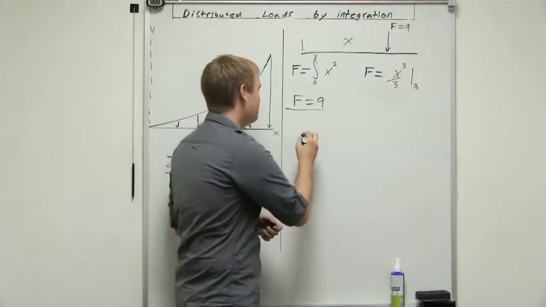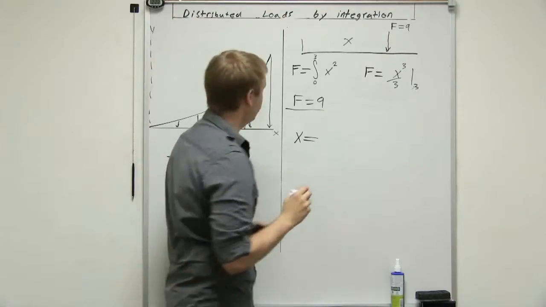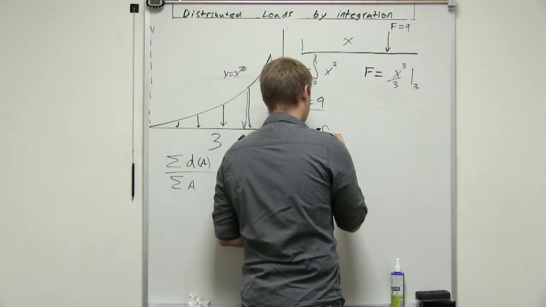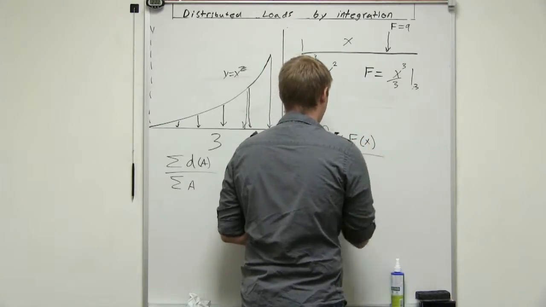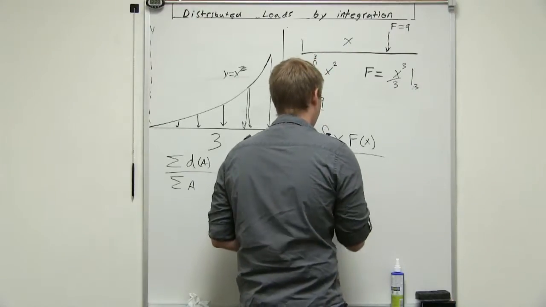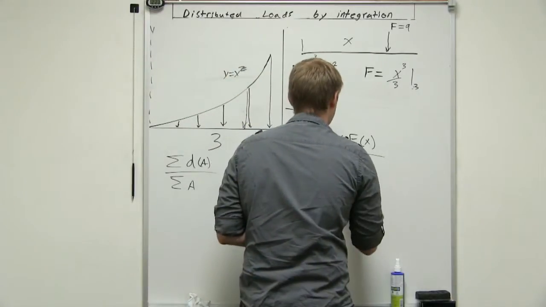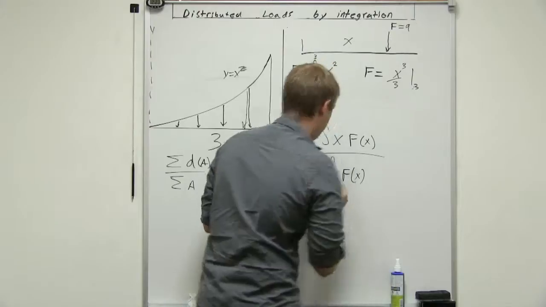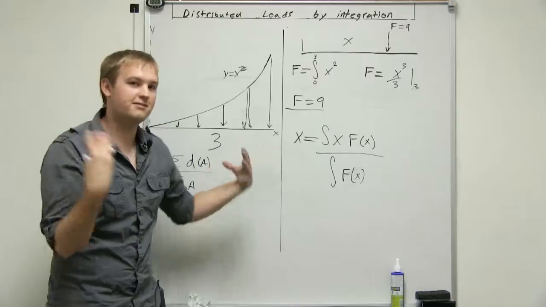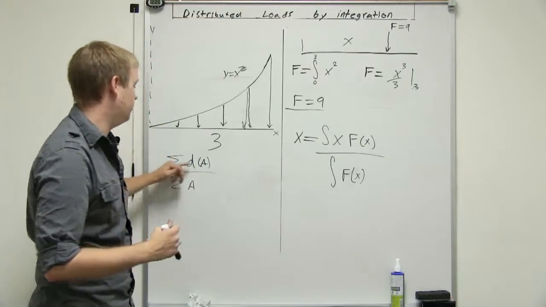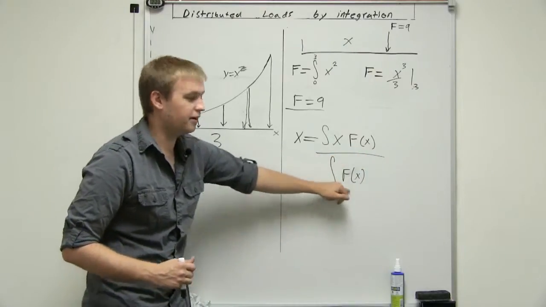Stick with me. To find x, in this case, the distance we're putting that point, we're going to do the integral of x times f of x divided by the integral of f of x. Okay, so remember, integrating is just summing up a bunch of small things, the distance times the area divided by the sum of the areas.